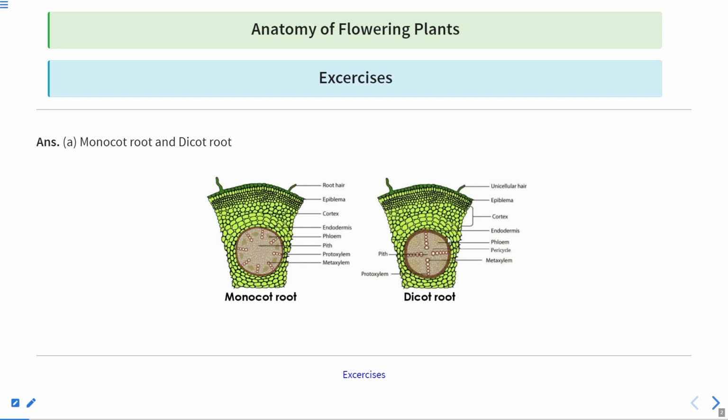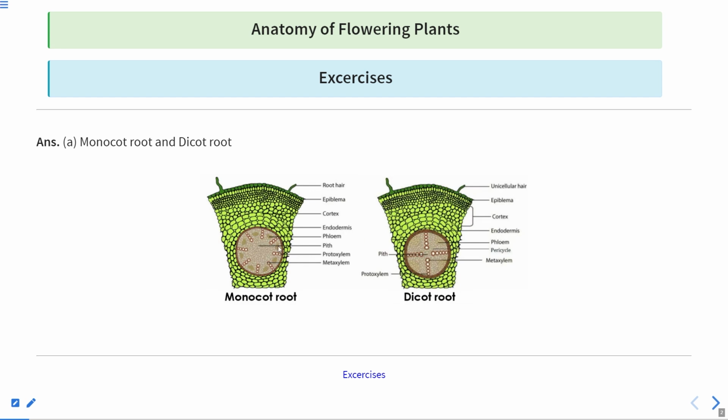So in both the cases, you can see the endodermis cells. In the case of monocot root, you can see just a single layer over here. But in the case of dicot, you can see the cells are of two to 3 layers, right? Here you can see the 2 layers in the endodermis of this dicot root, right?